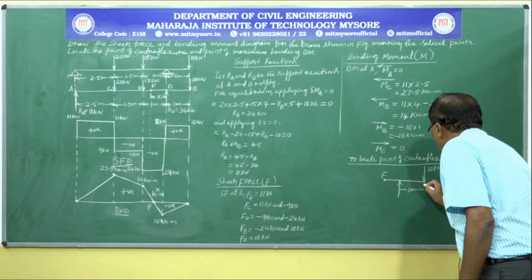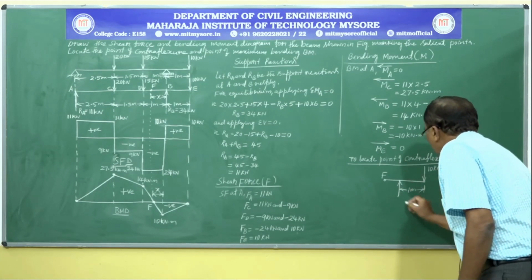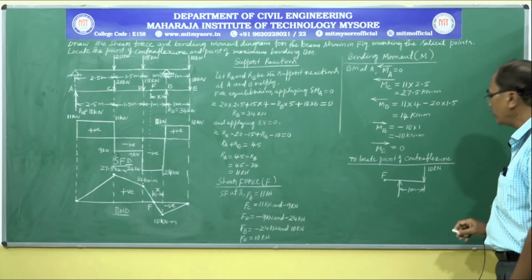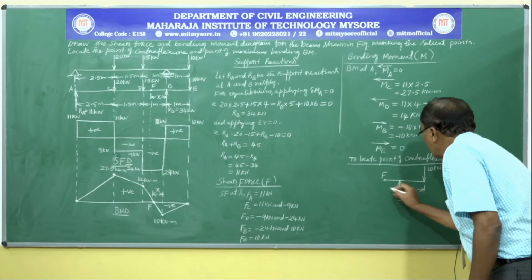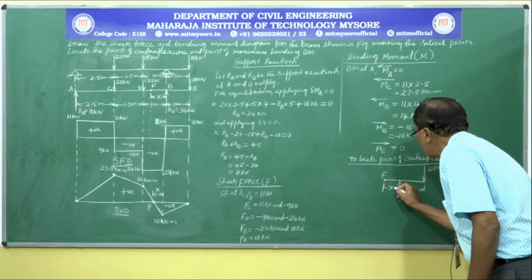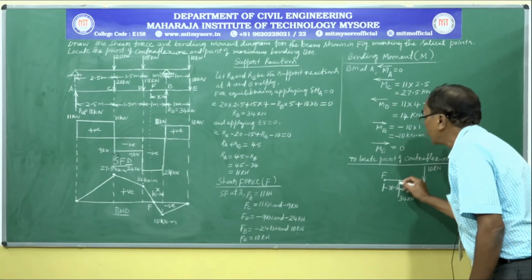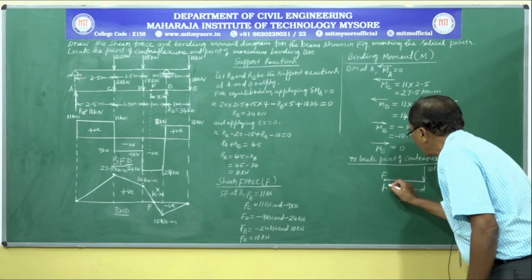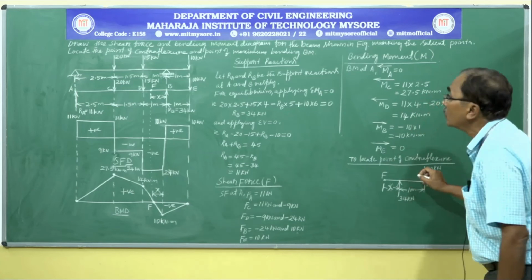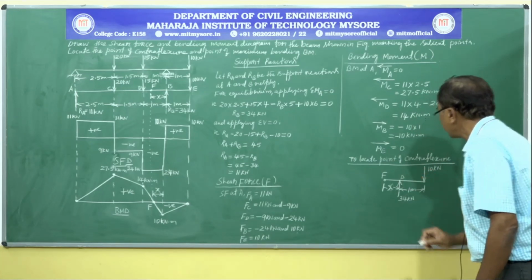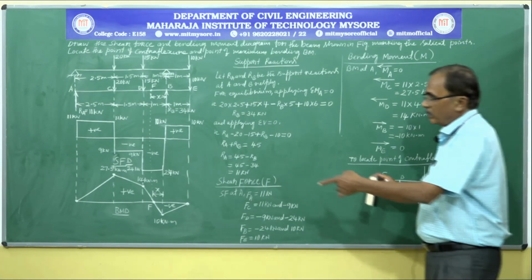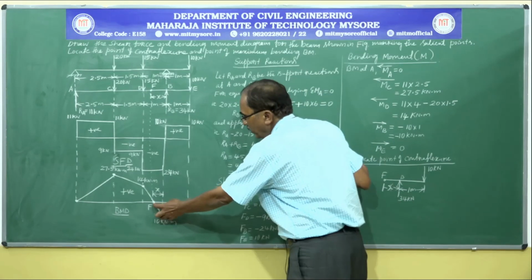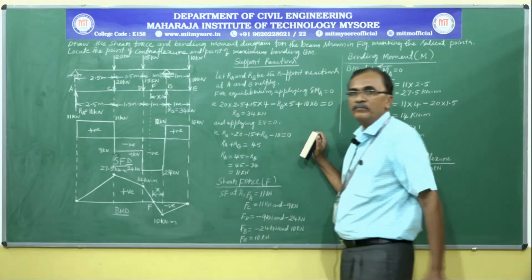Consider the portion of the beam and the point load 10 kilonewton acting to the right hand side of F, and this support reaction 34 kilonewton, and mark the distance x from F to B. We know bending moment at point F. The bending moment at point F is 0.